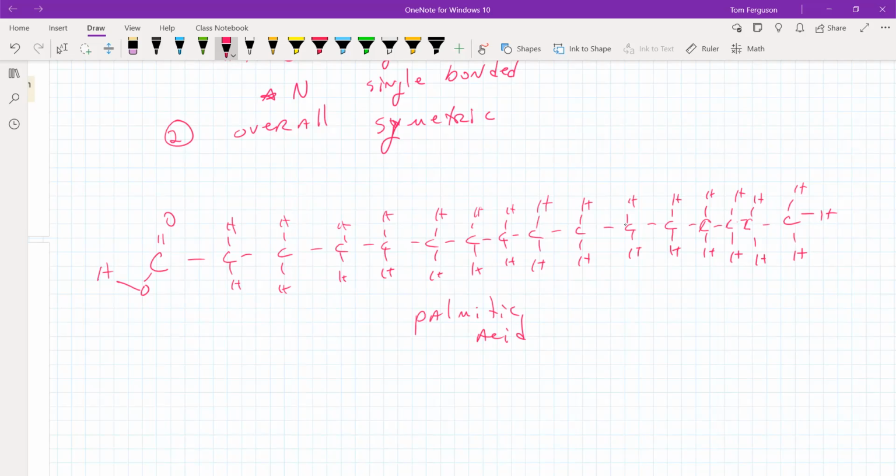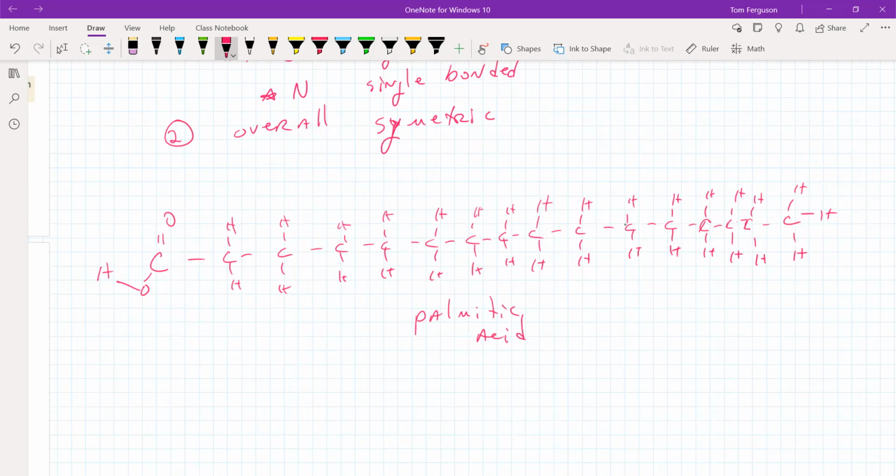Pork, beef, chicken, got a lot of saturated fats. Things like vegetable oils, like olive oil, et cetera, have fewer single bonds and more double bonds. So if we wanted to make a soap from this, it could come from pork, could come from lamb. There are a lot of sources of palmitic acid, including vegetable sources.